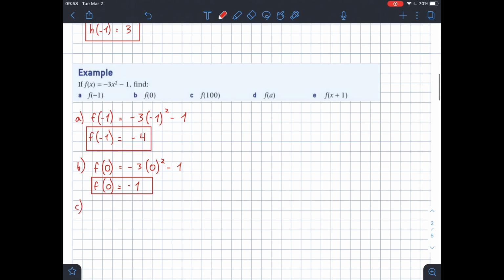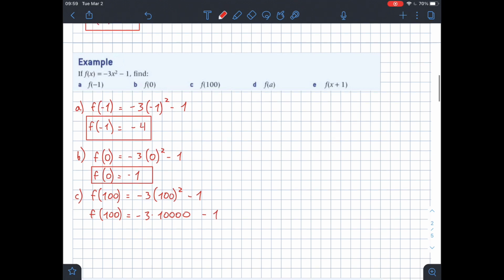Then C, if we want to find f of 100, we're doing the same thing. Negative 3 times 100 squared minus 1. So f of 100 is equal to, 100 squared, that's 10,000. It's negative 3 times 10,000 and minus 1.